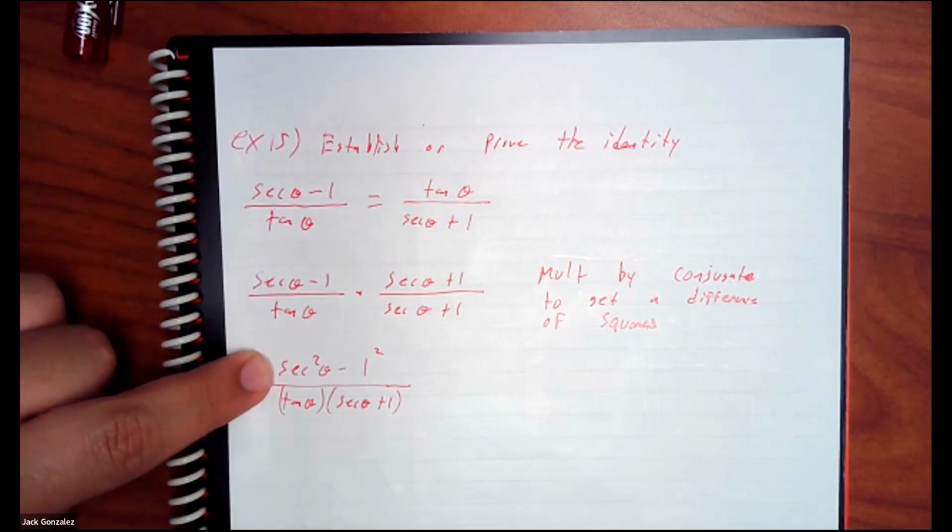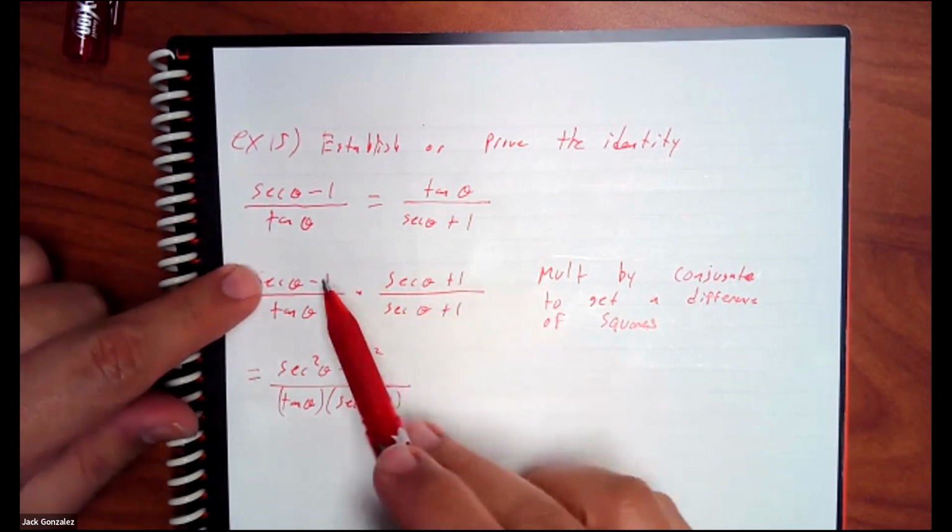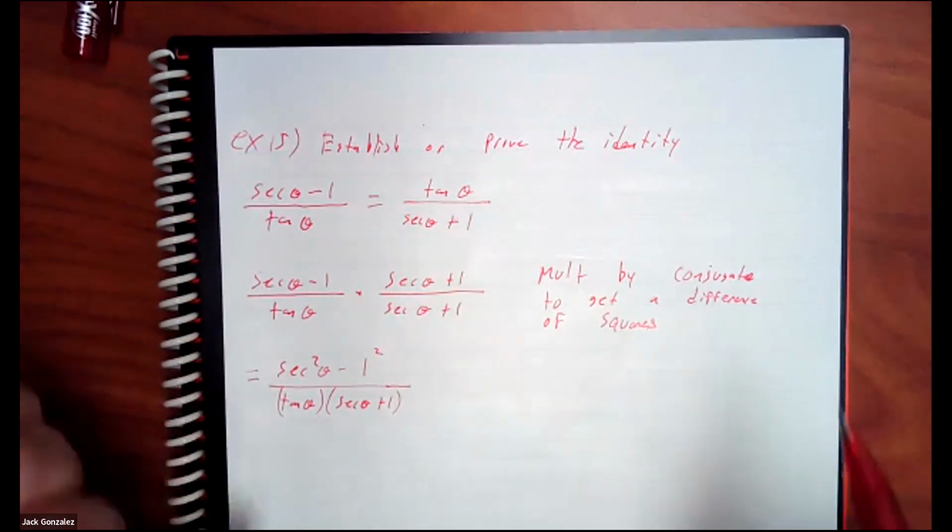That's where this came from, because you multiply the top part, you're going to get this difference.